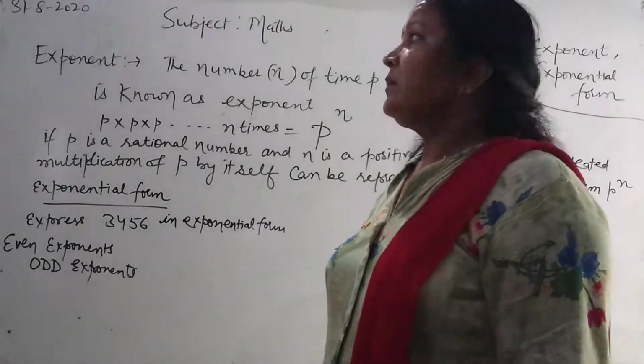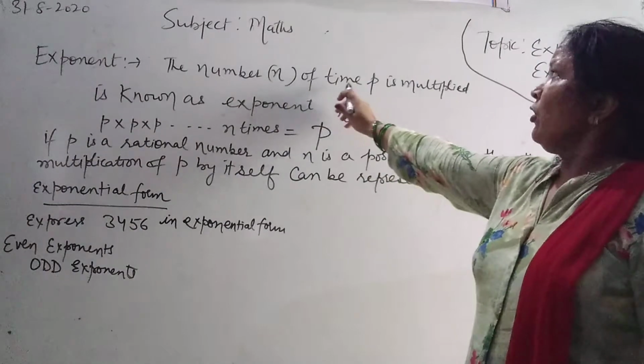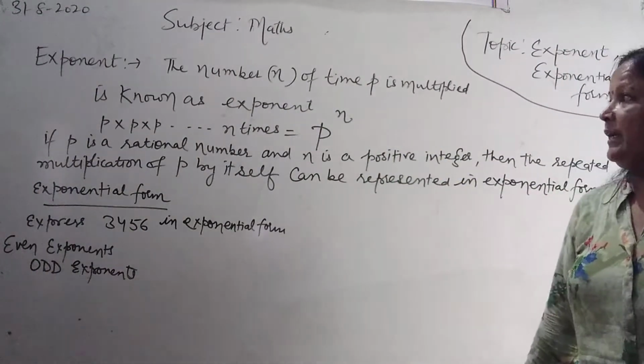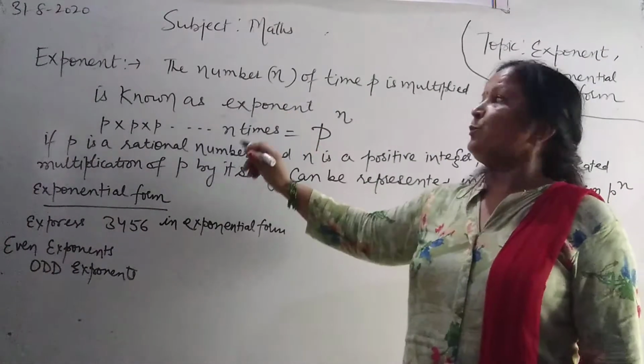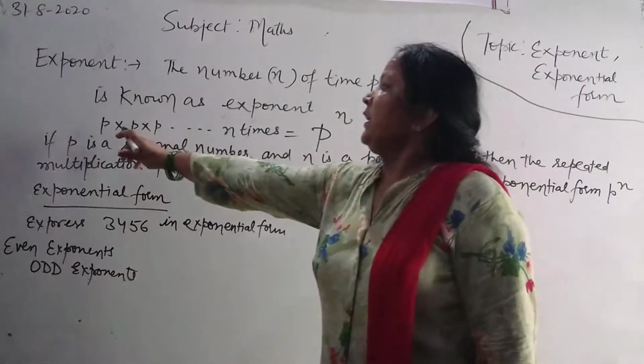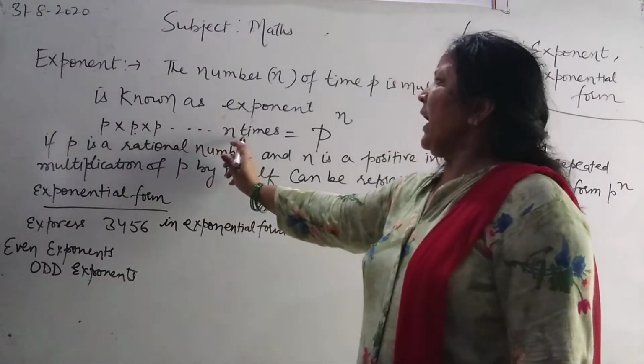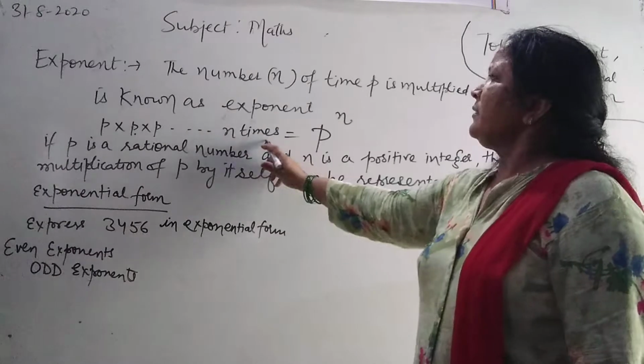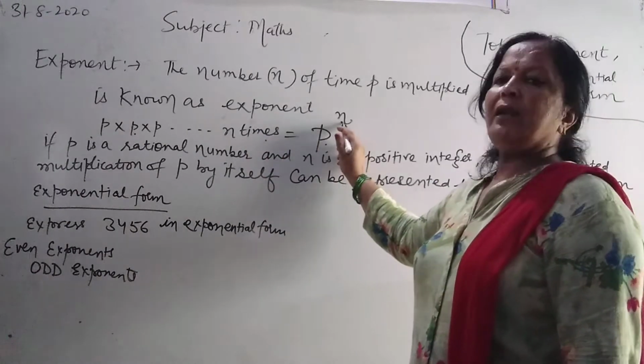What is an exponent? The number of times p is multiplied is known as the exponent. Suppose p into p up to n times. It can be written as p raised to power n.